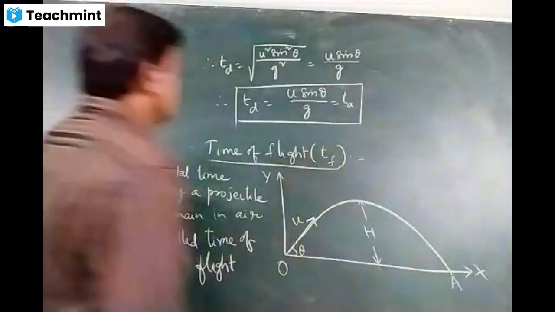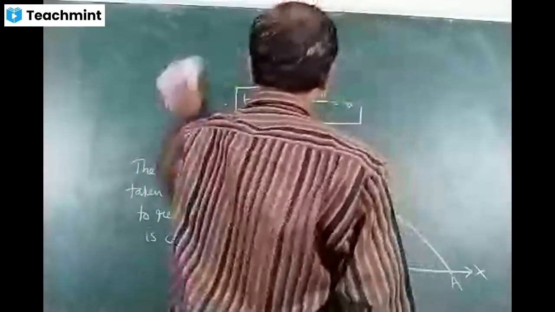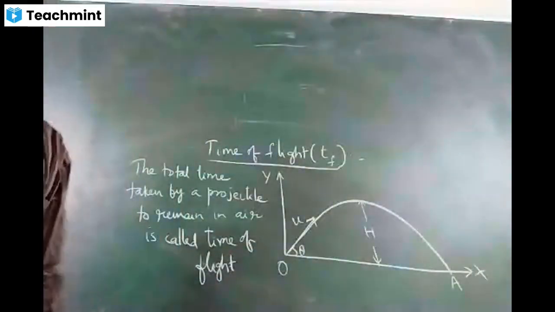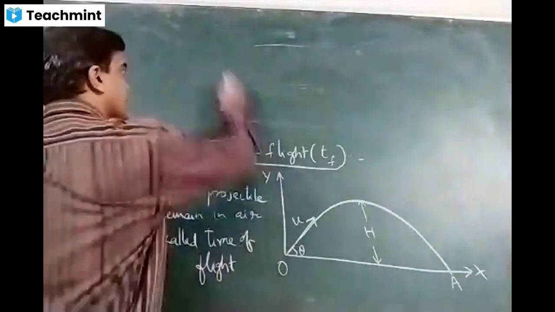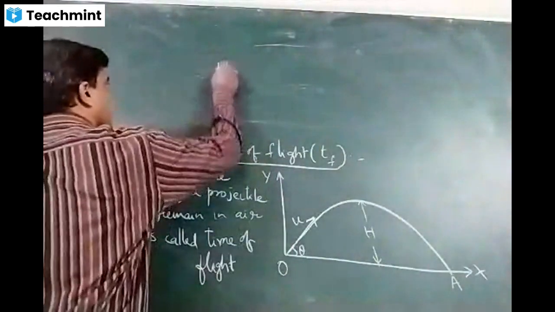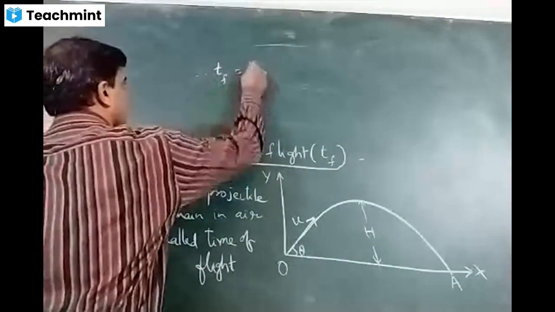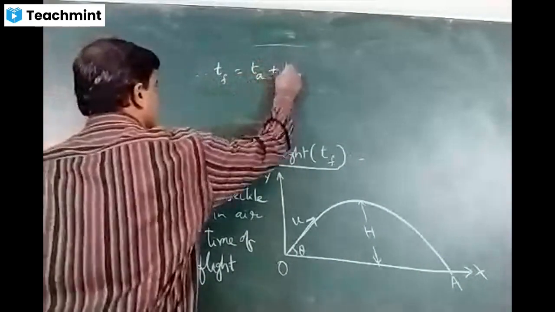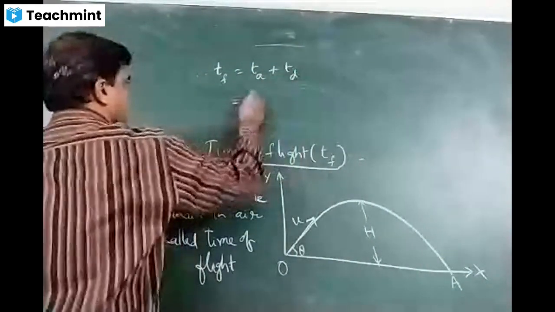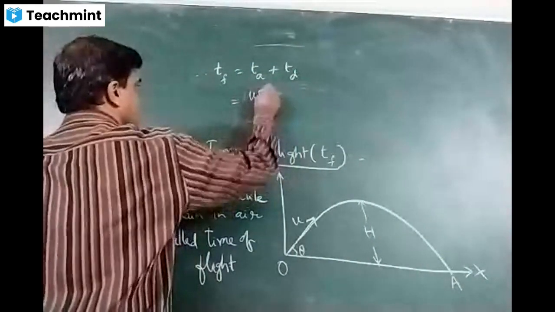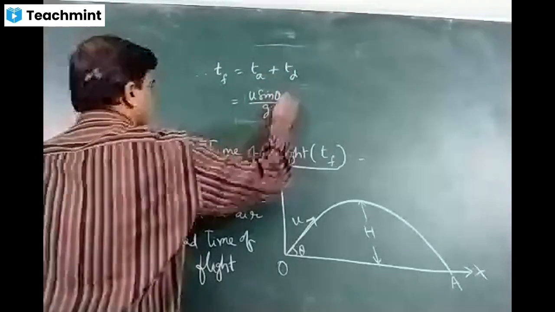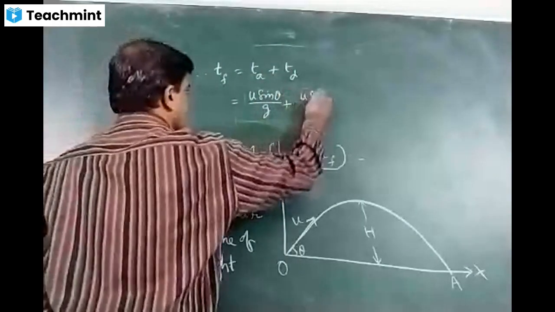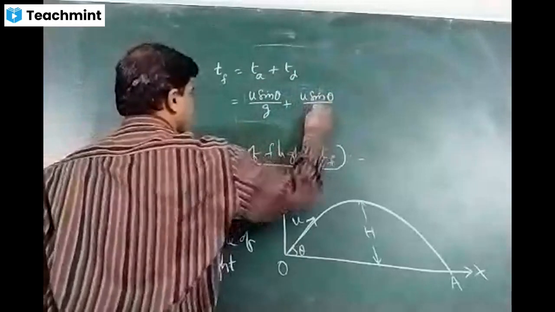Therefore, time of flight is equal to time of ascent plus time of descent. Time of ascent is nothing but u sin theta upon g. Time of descent is also u sin theta upon g.